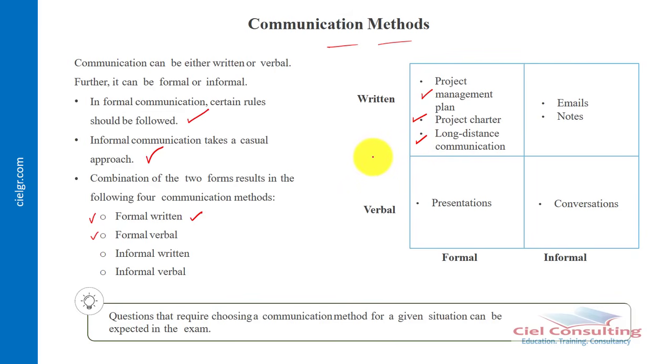For example, sent via speed post like DHL, say for example some important project documents like a contract. All of these are part of what makes up your formal written communication. Then there's formal verbal communication. Formal verbal communication talks about things like you're making a presentation, just like I'm doing, in an organization or an office. This is what we refer to as formal verbal communication.